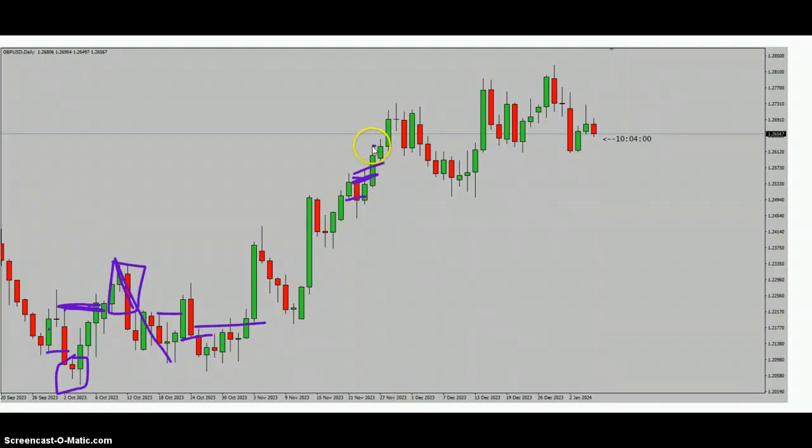Once the high of a bearish candle is taken by the body of a bullish candle, we say that the micro trend is up. I hope you understand this explanation.